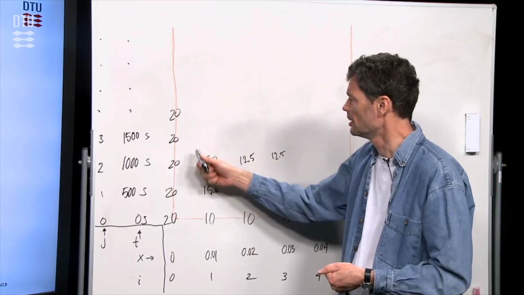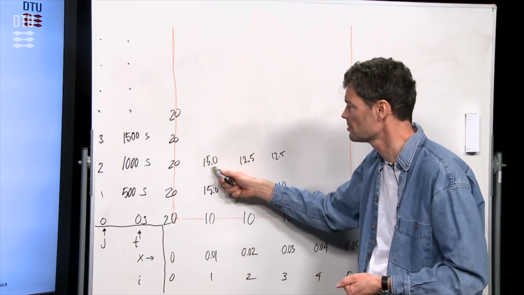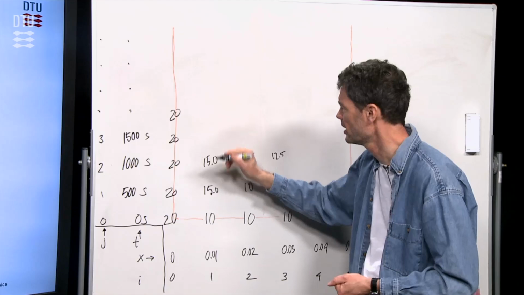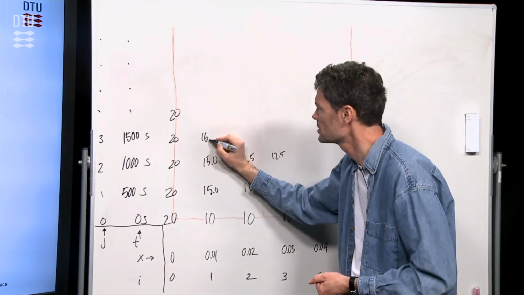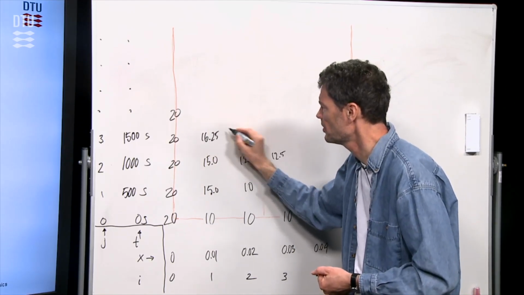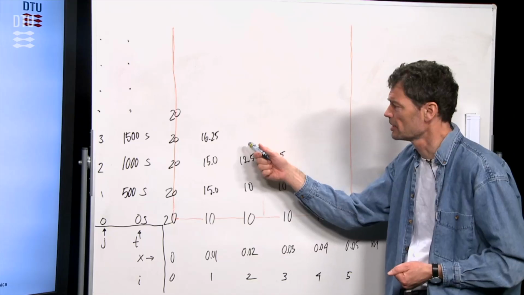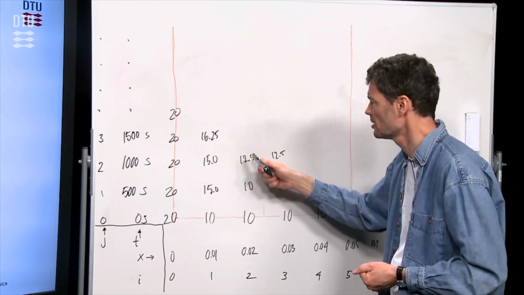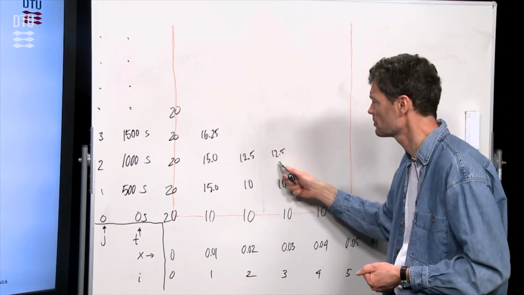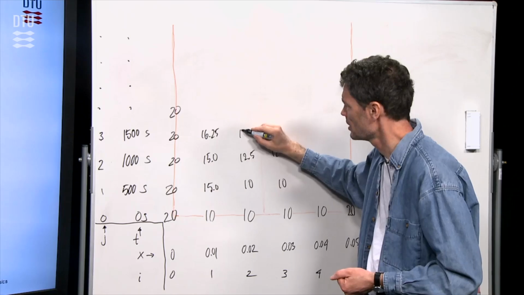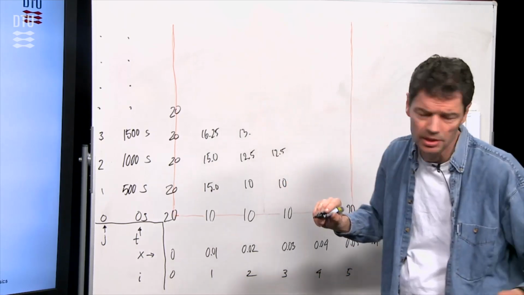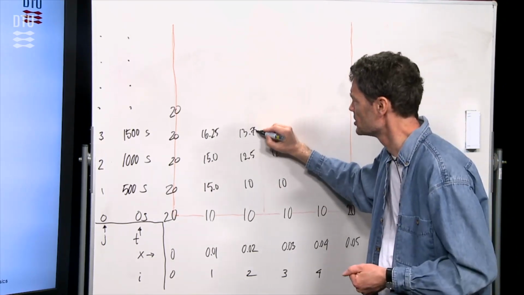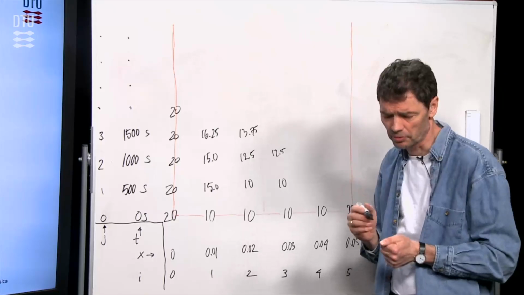I continue: half times 20, 0 times 15, half times 20 and a half. That gives me, in this place here, 16.25. And now I get half times 15, 0 times 12.5, plus half times 12.5. And this comes to, I think, 13.75 degrees centigrade. And so you can move forward.